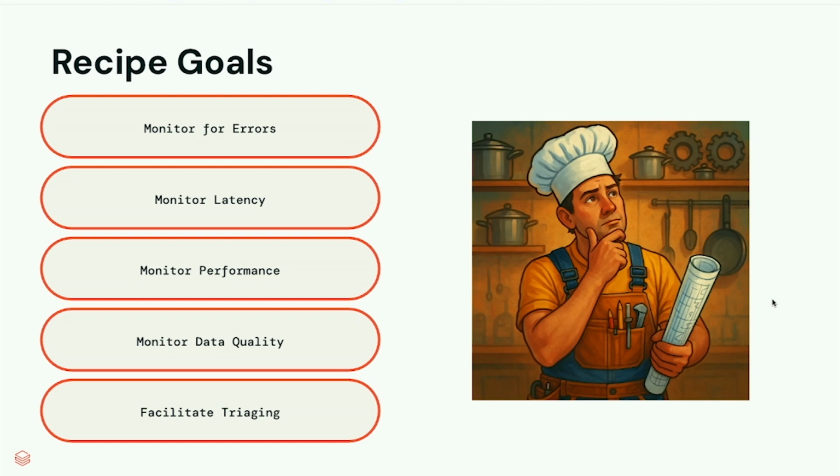All right. So what are the key flavors that we want to get from our recipe for observability? We want to get a taste for any errors or latency. We want to detect performance issues or data quality issues. And of course, we want to make triaging those issues easier.